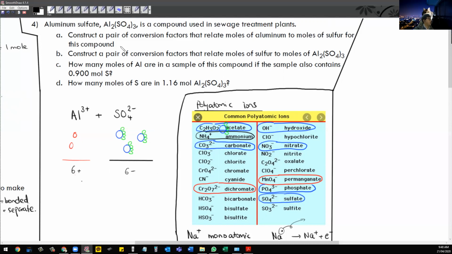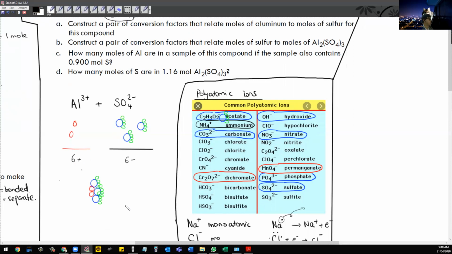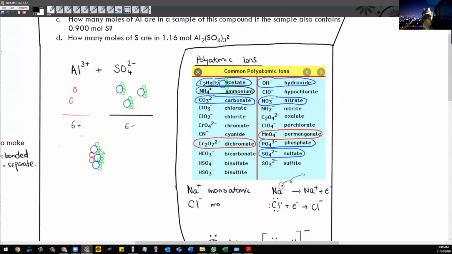And they form this big compound, which I can represent as that, and that, and that, and that. So that's a huge molecule, okay? Does that make sense to you? Yeah. 2 of this and 3 of that combined.